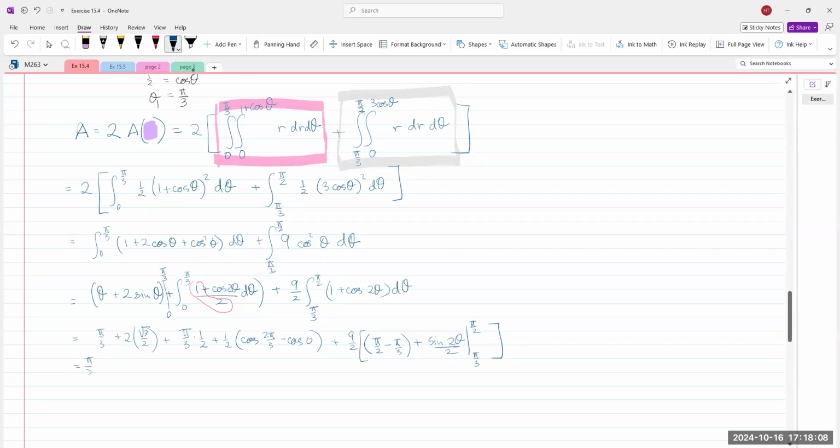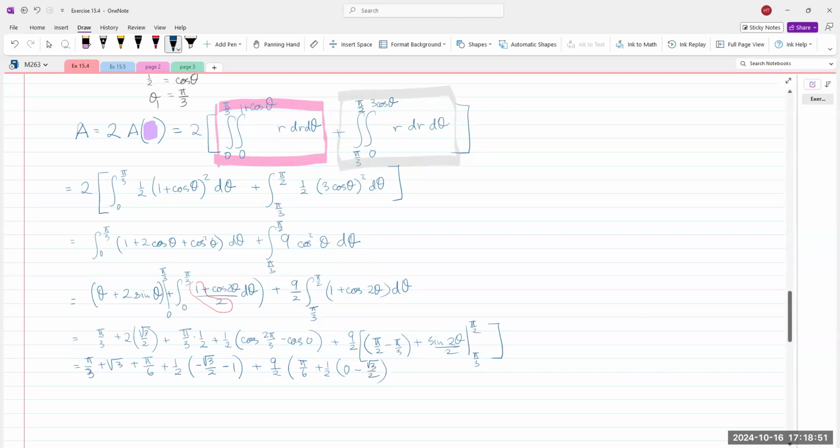This is pi over 3 plus radical 3 plus pi over 6 plus 1/2. What is cosine 2 pi over 3? That's negative radical 3 over 2 minus 1 plus 9 over 2 times pi over 6 plus 1/2 sine pi is 0 minus sine 2 pi over 3 is, hold on, that's actually radical 3 over 2.